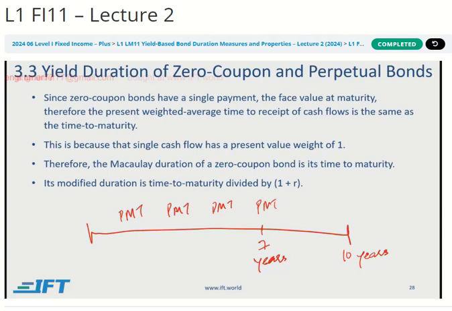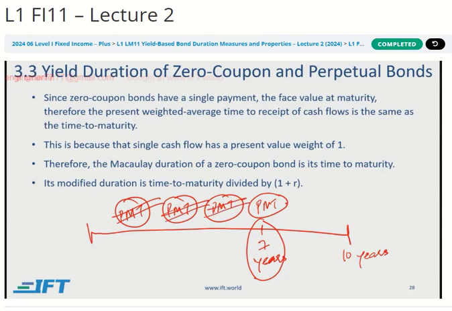And when you were giving weight to those payments, you were getting a weighted average of 7, which meant that in 7 years you actually have this reinvestment income overpowering the price risk. But since in a zero coupon bond there is no reinvestment income, all your money is going to come at the end.